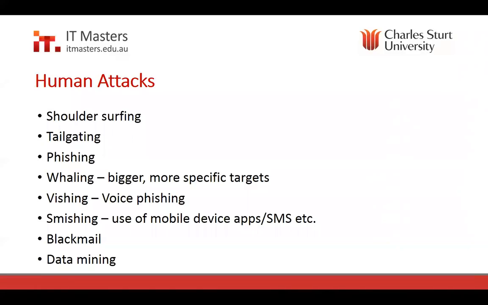Okay, we have a variant of phishing called vishing, which is using voice. So that's basically social engineering over the phone, more or less. And then we have the one that's becoming more common and really, really annoying, smishing, which is the use of mobile devices or apps or SMS to trick people into giving you information or access to something or money using mobile phones.